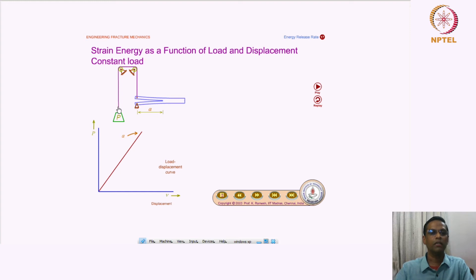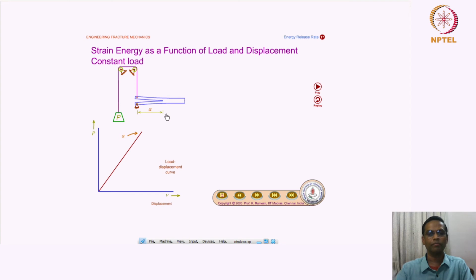There is a rope over a pulley, and the load P is applied here, which is a constant load. For this experiment, the load versus displacement plot is shown here for the crack length a.